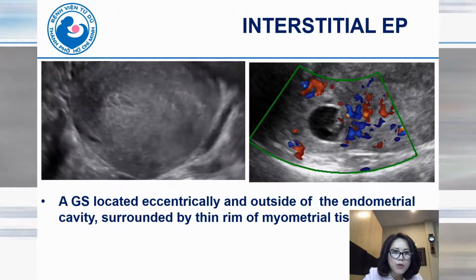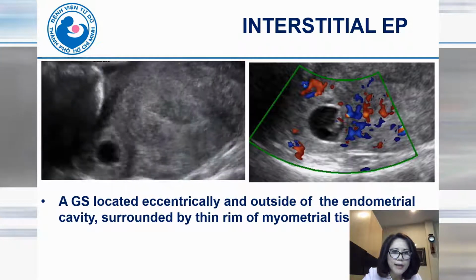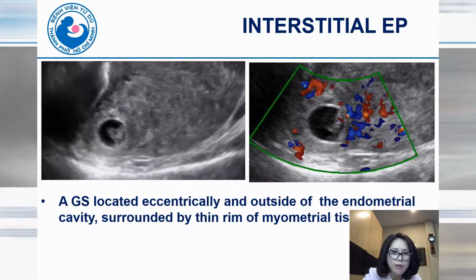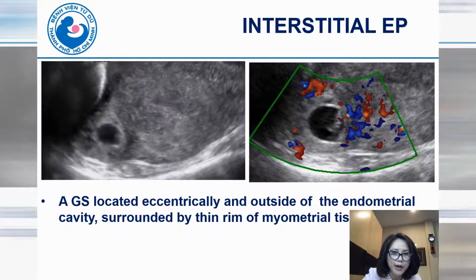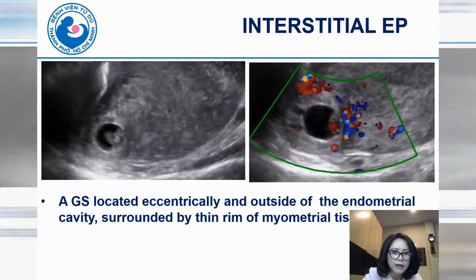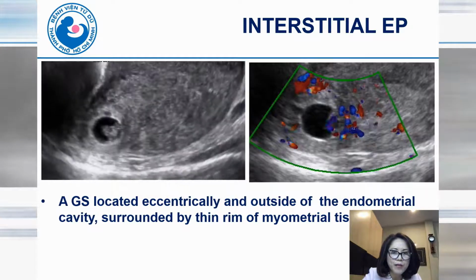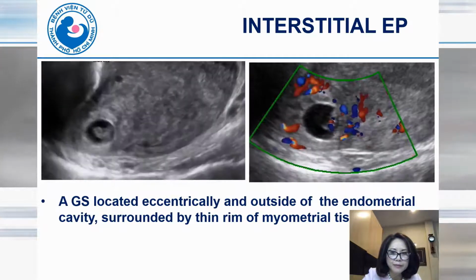On ultrasound, you can see a gestational sac located eccentrically and outside of the endometrial cavity, and we also see a thin rim of myometrial tissue around the gestational sac.